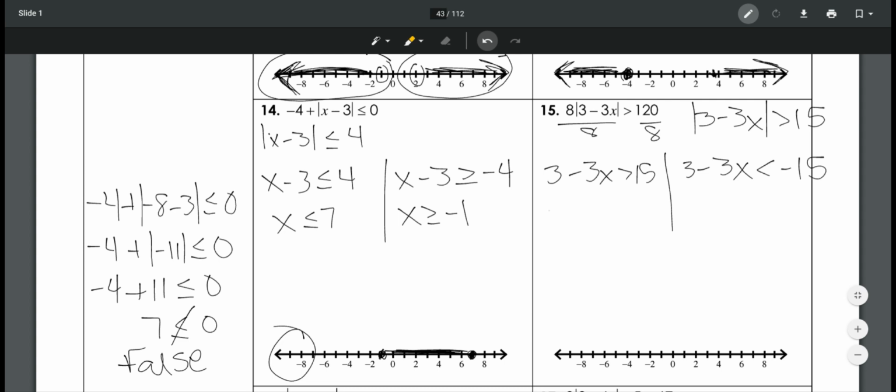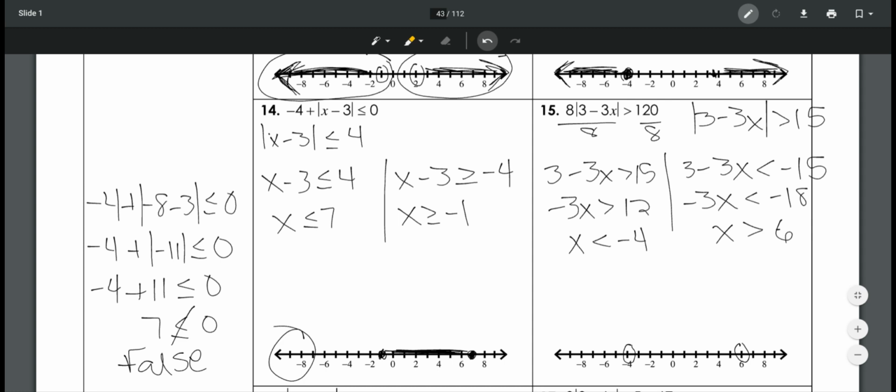I'm going to subtract 3x, that gives me 12. I'm going to divide by a negative, so my symbol changes directions. I'm going to add my 3x, and that gives me negative 18. I'm going to divide by a negative, so that flips my symbol. I'm going to put an open circle on negative 4, and an open circle on 6.